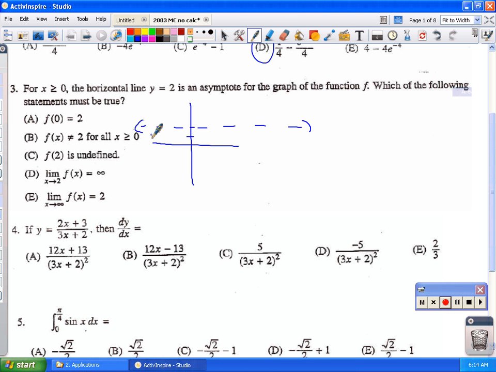Something that some students didn't know or had forgotten is that a function can cross its horizontal asymptote, but a function never crosses its vertical asymptote. So a function will not cross a vertical asymptote, but it can cross a horizontal asymptote.